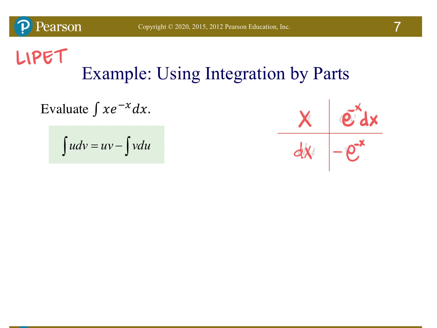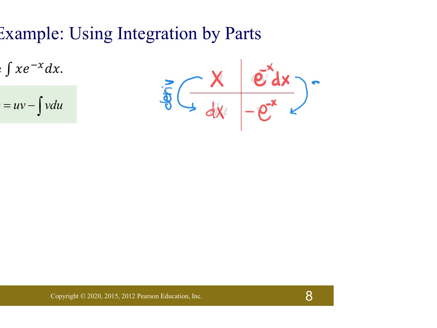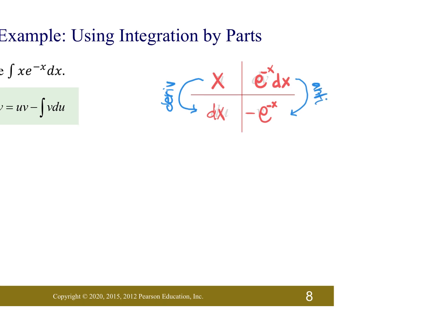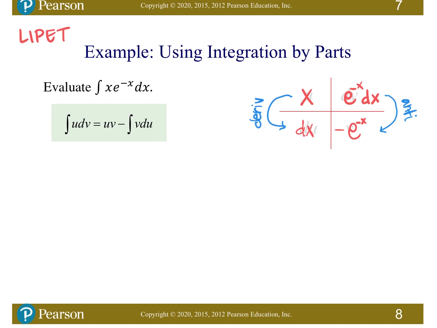So just to summarize, to get from this box to this box, we do derivative. But to get from this box to that one, we're doing the antiderivative. Once we've done that, we're ready to combine diagonally the combination of those parts.